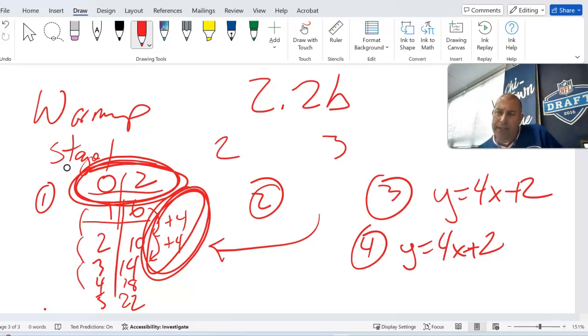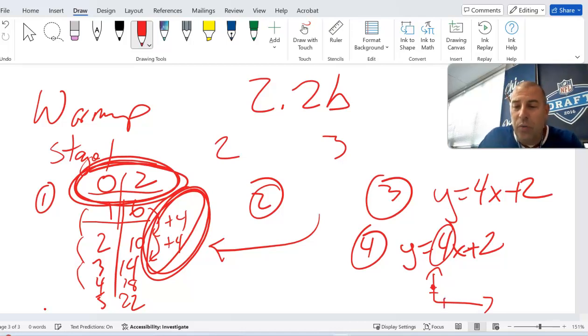Describe how you would graph it. Okay, so describe it there. So the idea is you would be starting at a 2, all right, and then this rate of change. So we've got to go up 4. So every time we go over 1, we're going to go up 1, 2, 3, 4.